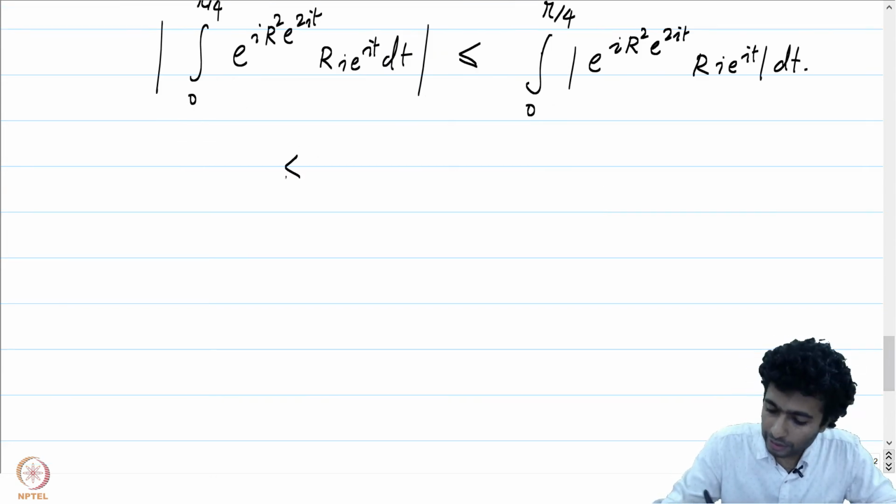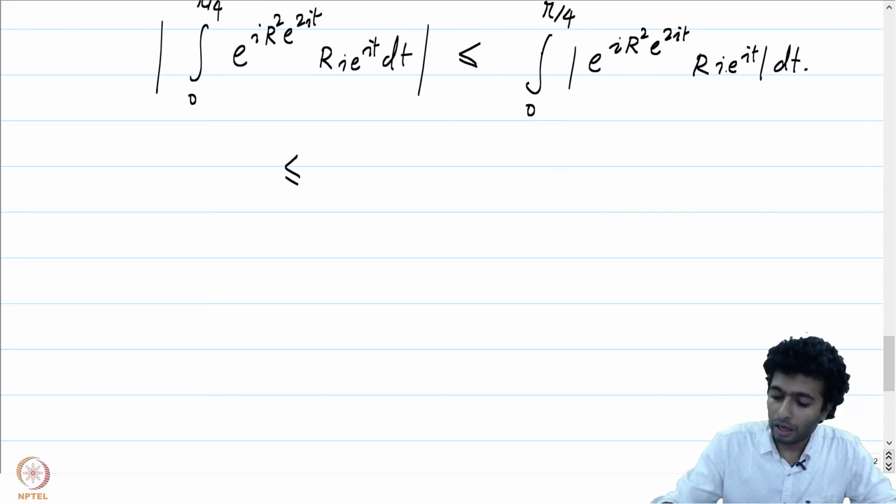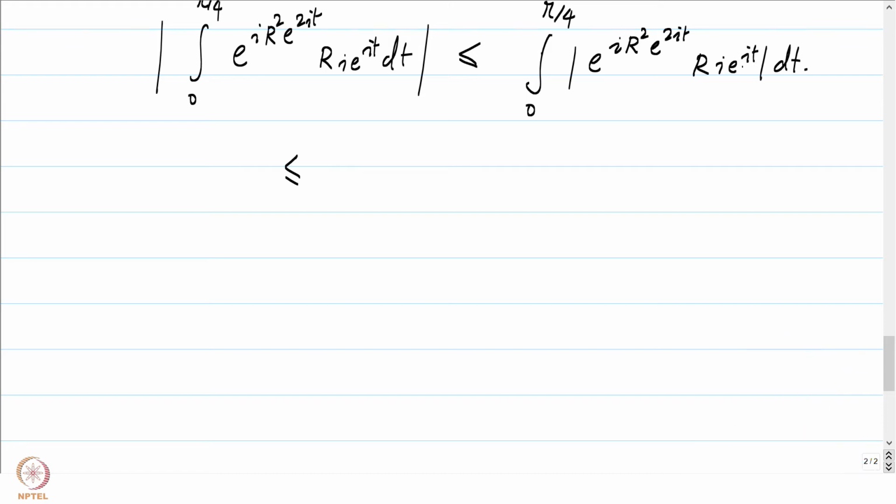And this is less than or equal to the integral of the absolute value of i e to the power i t, which has absolute value 1. This is r times, over 0 to pi by 4. We will just extract the absolute value here. Then we will be able to say what is this? This is equal to cos 2t plus i sin 2t.